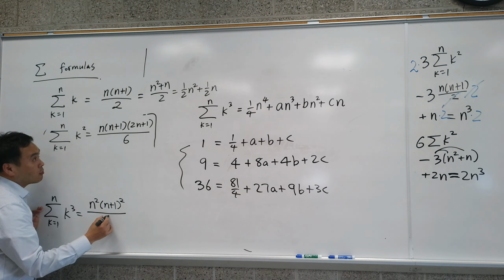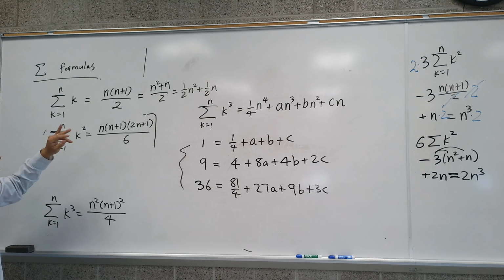In other words, this is the same thing as squaring this one. Okay? It's a coincidence. It's a surprising coincidence. Maybe there's a deeper mathematical reason. I don't know. Maybe there's some geometry behind it. I have no idea. But if you take this thing and you square it, you get this. That's how I remember this. There's no other way I can remember this.